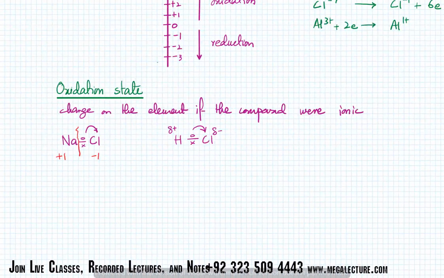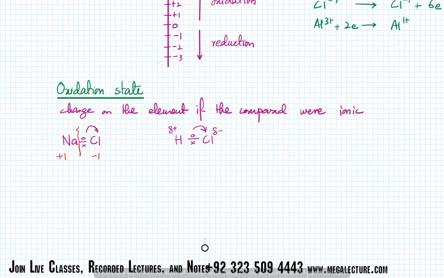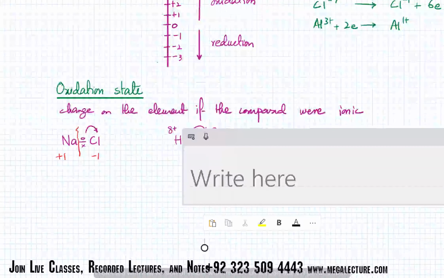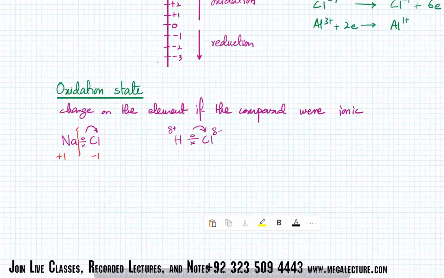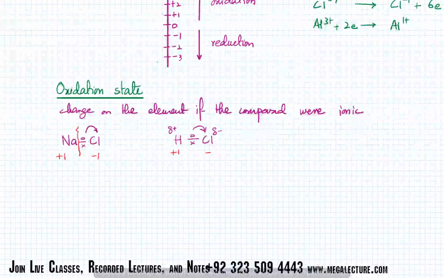But when it comes to redox, we don't really care who's gaining or losing the electron slightly. We just care who's got the electron. So this is +1 and this is -1. Is that clear?